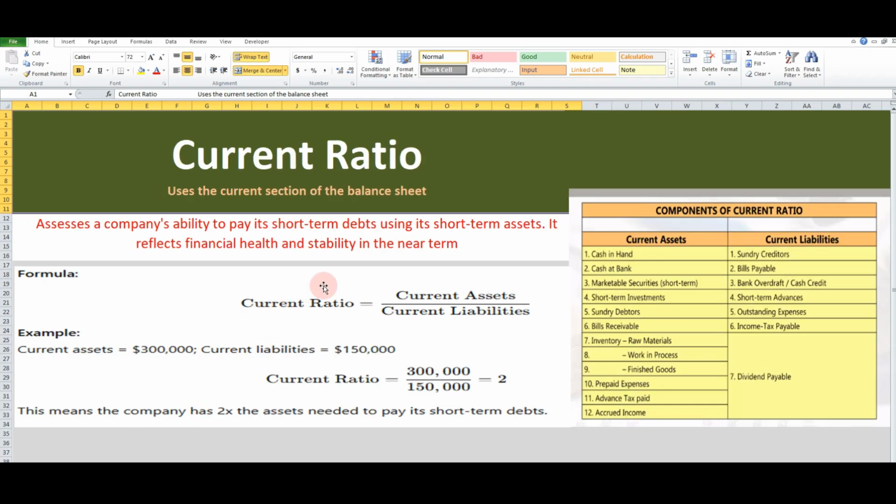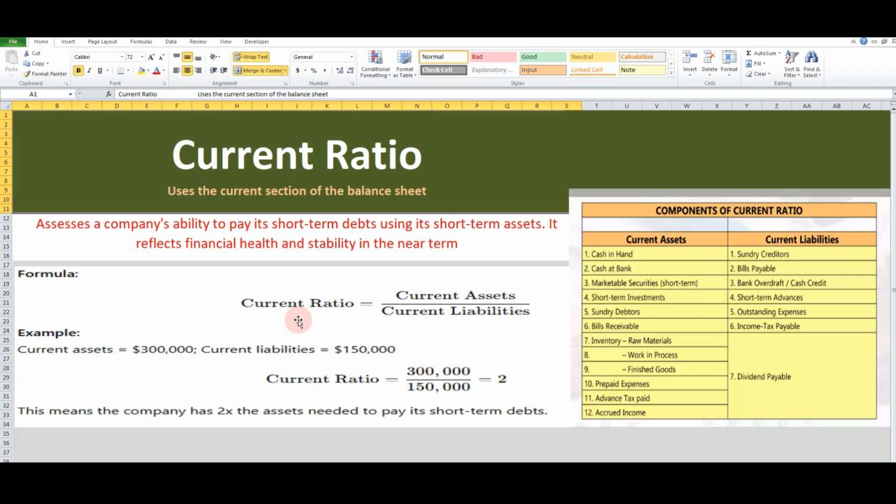Current ratio assesses a company's ability to pay its short-term debt using its short-term assets. It reflects financial health and stability in the near term. So how do we calculate this? Current ratio is equal to current assets divided by current liabilities.